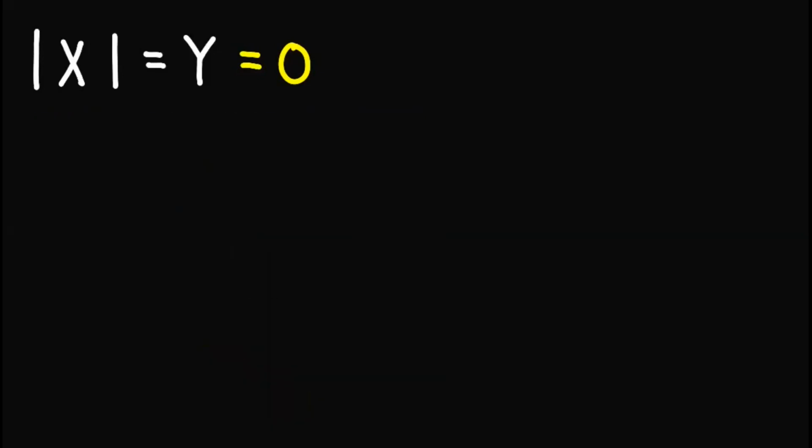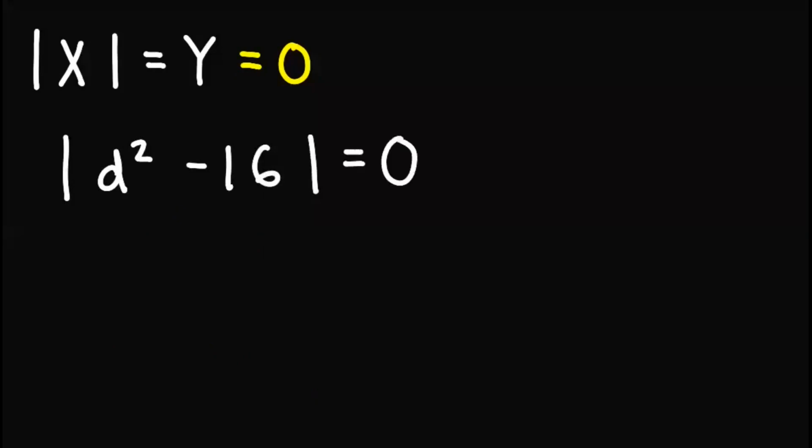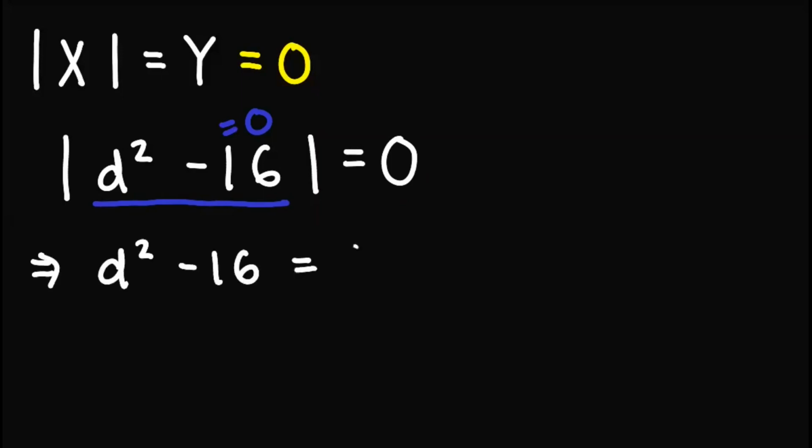Let's try this one. Let's have the absolute value of d squared minus 16 equals 0. So the same concept applies. For this equation to hold, this expression out here must be equal to 0. So we have d squared minus 16 equals 0.